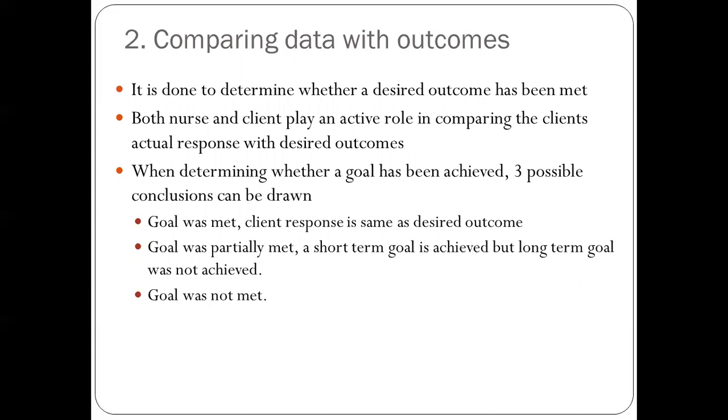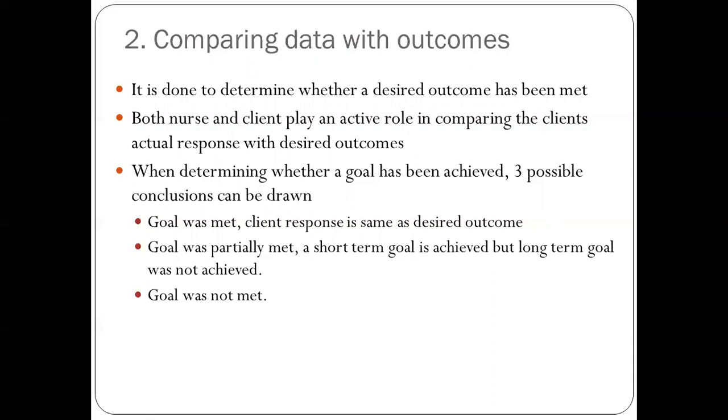So why are you comparing? The data collected in the evaluation phase has to be compared with your goal. Whenever you compare the data and the outcome, you will arrive at 3 conclusions: goal is met, goal is partially met, and goal is not met. If the goal is met, it is understood that the client response is the same as the desired outcome.